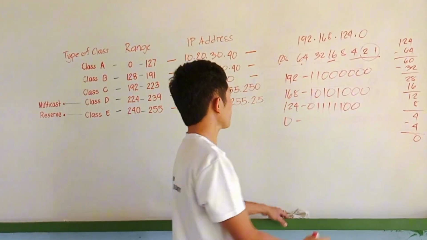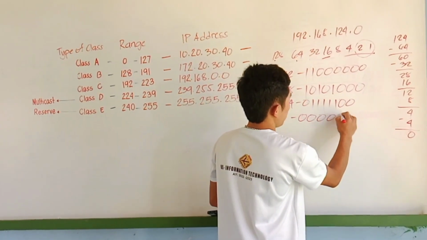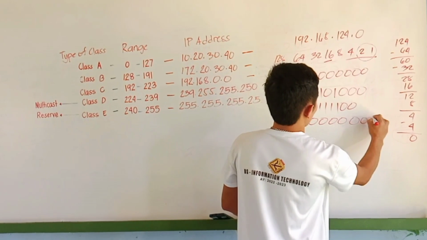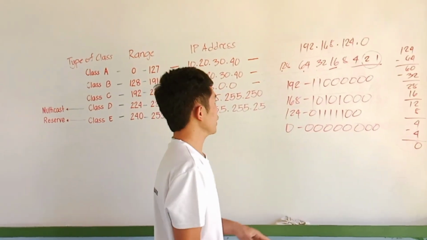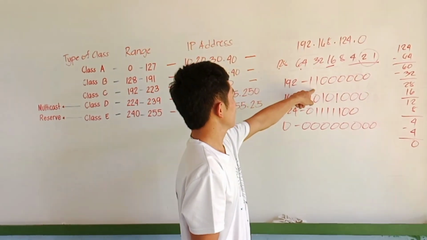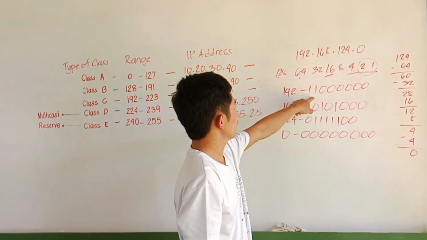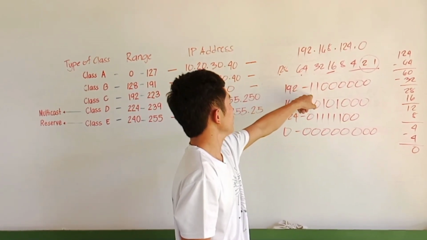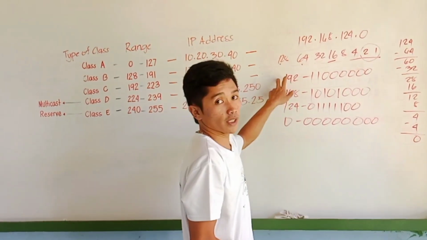So for the last octet, we put only 0s. If you add these two numbers, which are 1, 128 plus 64, it will be 192.